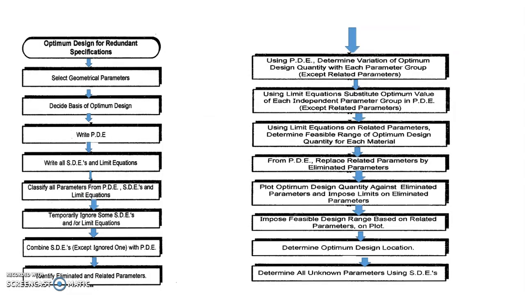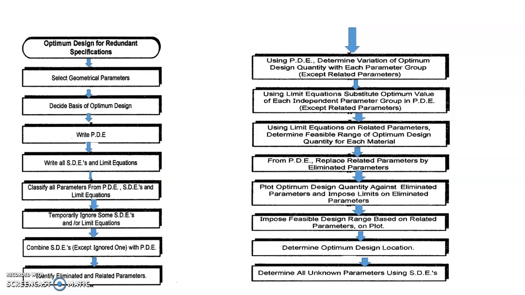So we'll see the steps involved in the optimum design for redundant specification. Again, a similar methodology will be adopted. First step is to select the geometrical parameter. Decide the basis of optimum design. Then the next step is to write down the primary design equation, and write down all the secondary design equations and limit equations. Based on this SDE and LE, we classify all the parameters from PDE, SDE and limiting equation.